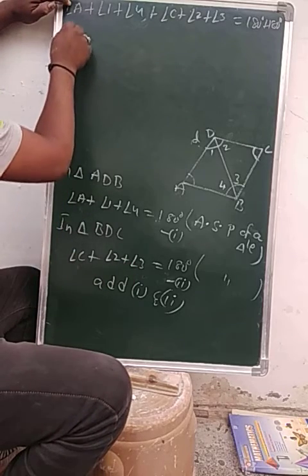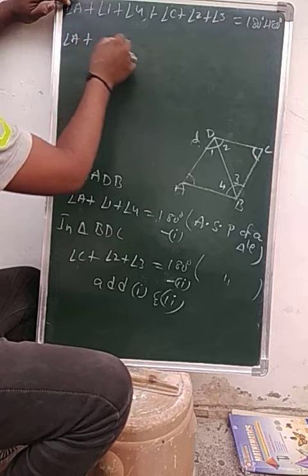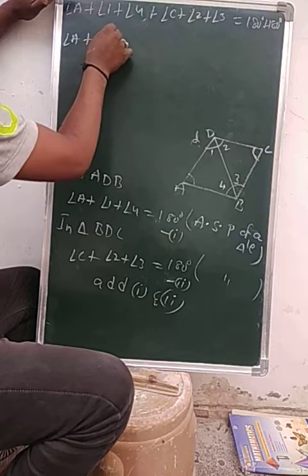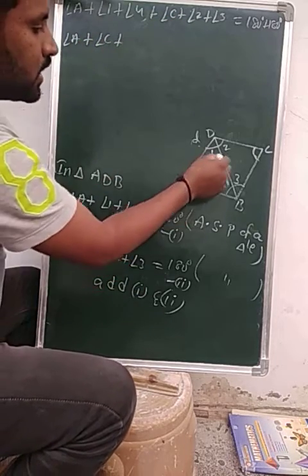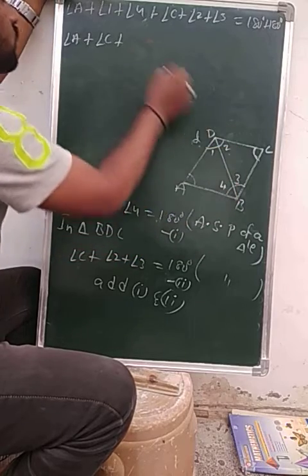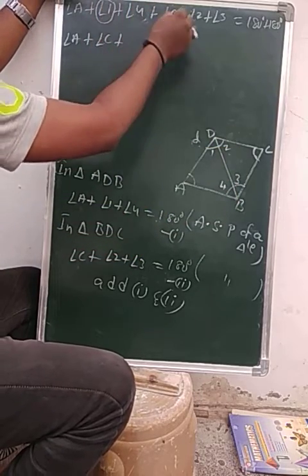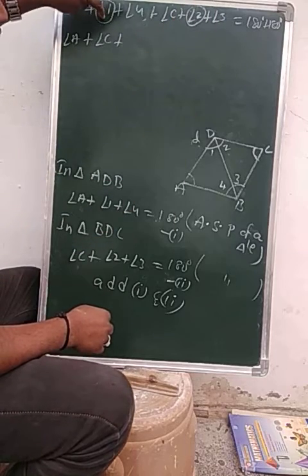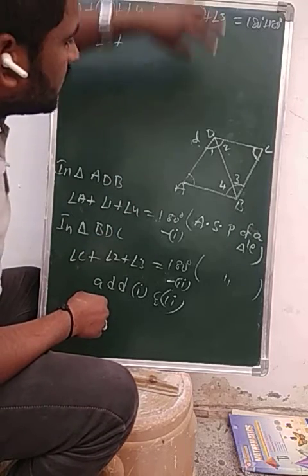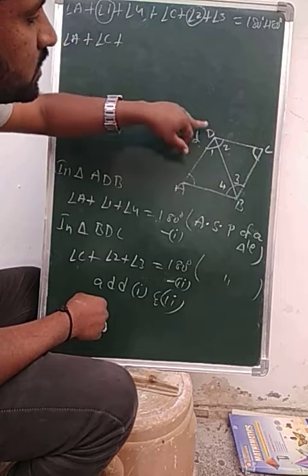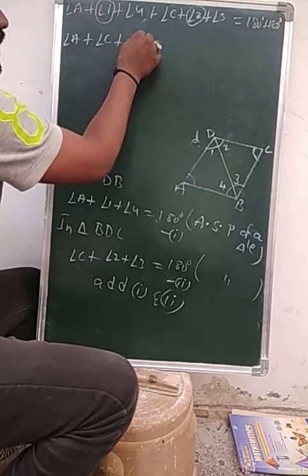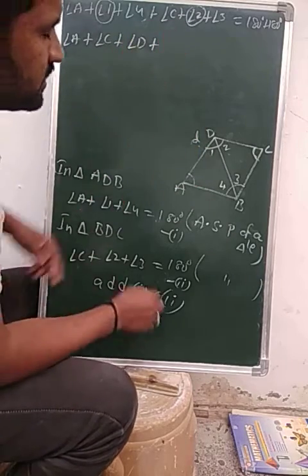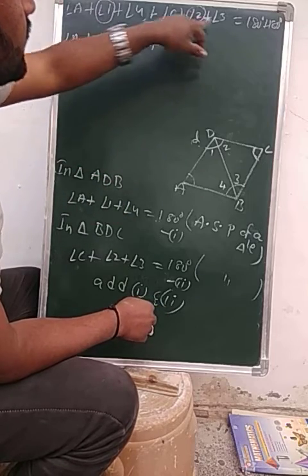So angle A means angle A only, plus angle C, plus angle 1 plus angle 2. Angle 1 and angle 2 together become what? These two become angle D, plus angle 3 and angle 4.